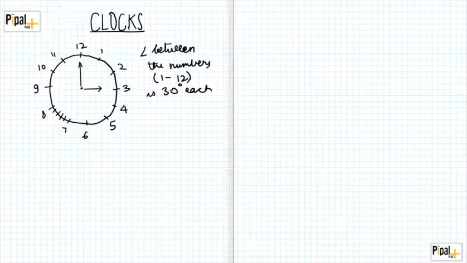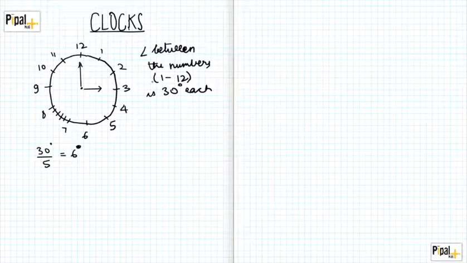Now, if the angle between 7 and 8 is 30 degrees, then each mark will be equivalent to 30 degrees divided by 5 equals 6 degrees, right? So every minute marking on the clock is equivalent to 6 degrees, right?